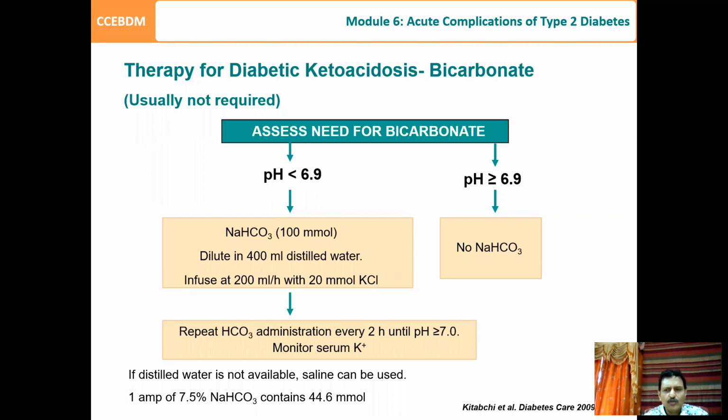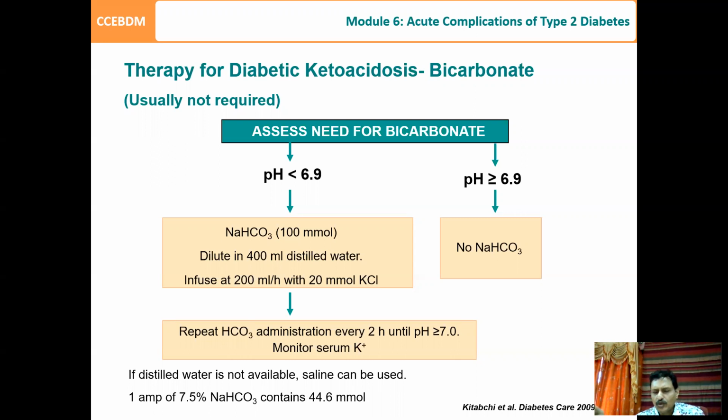So treat the patient with insulin. Be slow and steady. I must repeat, be slow and steady. There is nothing to hurry. There is nothing to correct the hyperglycemic state within 2 hours or 3 hours. Don't do it. Give slow, low dose insulin continuously, slowly. The ketogenic process will take time to get corrected.